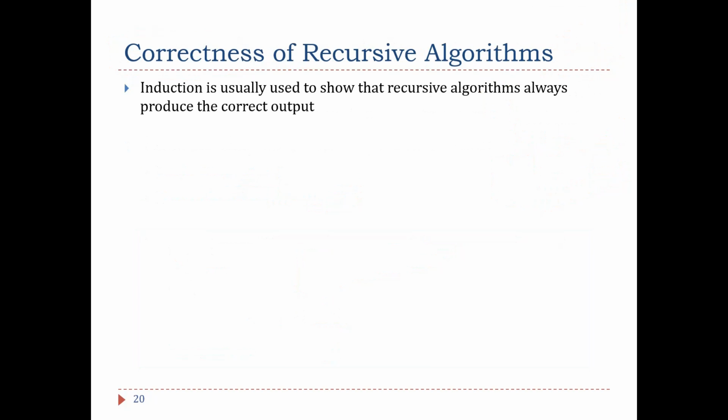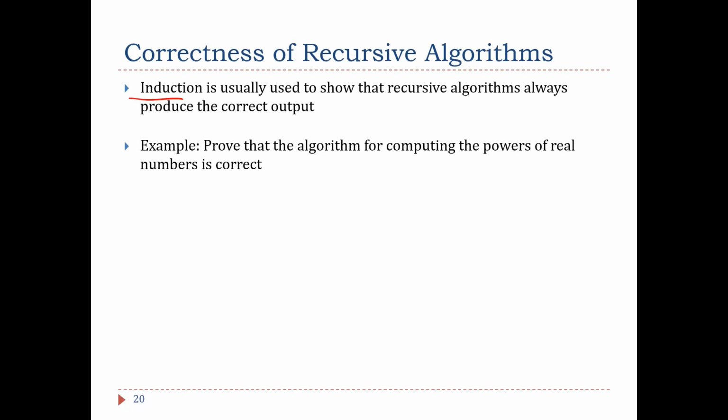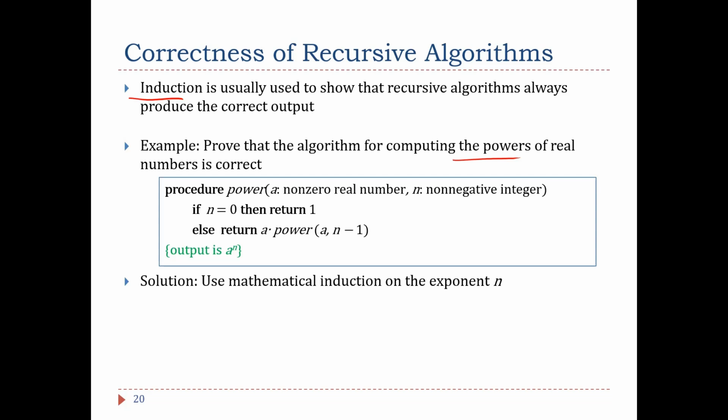So how to prove the correctness of recursive algorithms? Usually using induction. And this is much more straightforward than what we have done with the iterative algorithms. As an example, if we want to prove that the algorithm for computing the powers of real numbers is correct, we can use mathematical induction on the exponent n.